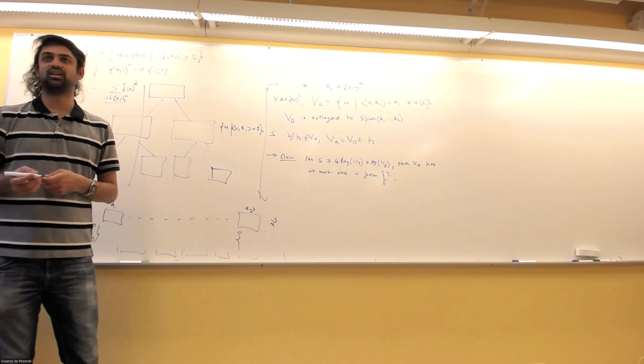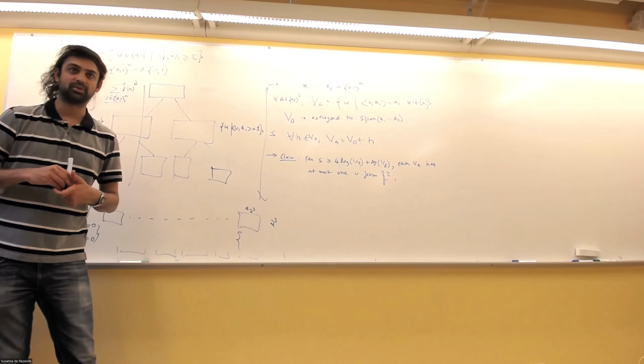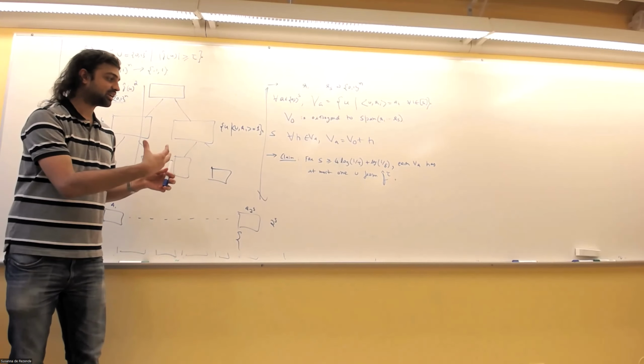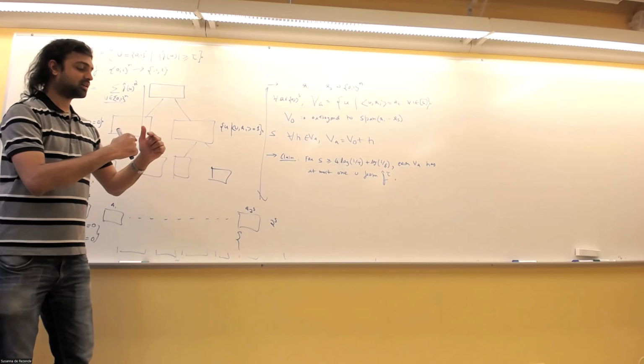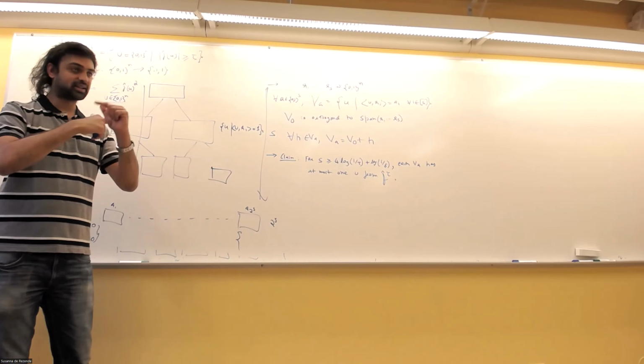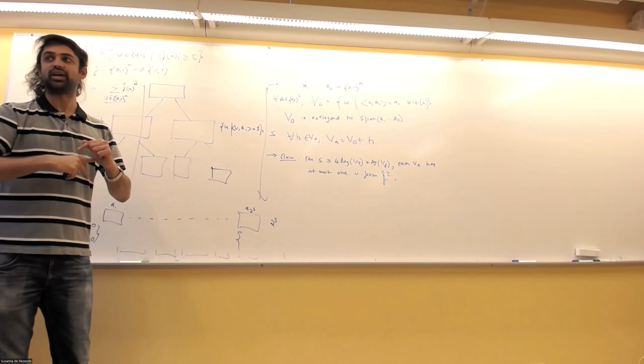And this just comes via a probabilistic method argument. You fix VA and you take any two vectors, the probability that they both are in this is 1 over 2 to the s.